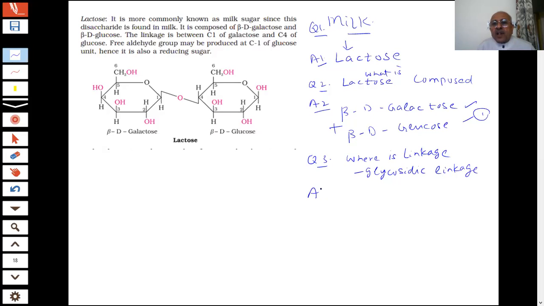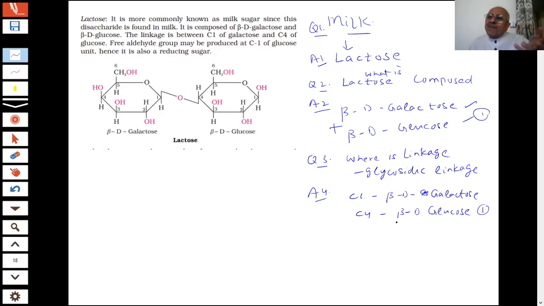Carbon 1 of beta D galactose, very good, and carbon 4 of beta D glucose. If you answer this, you get 1 mark.